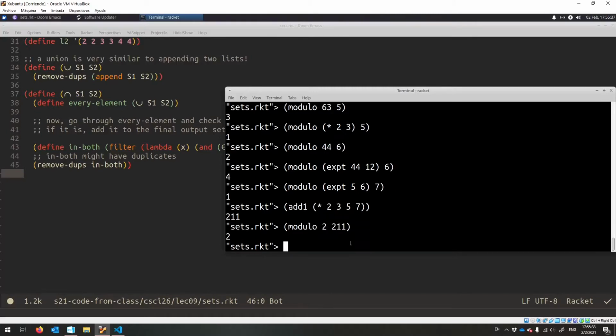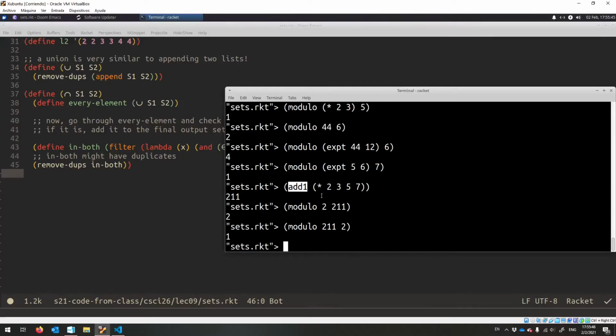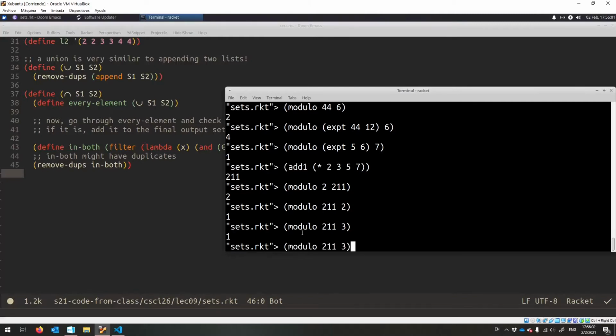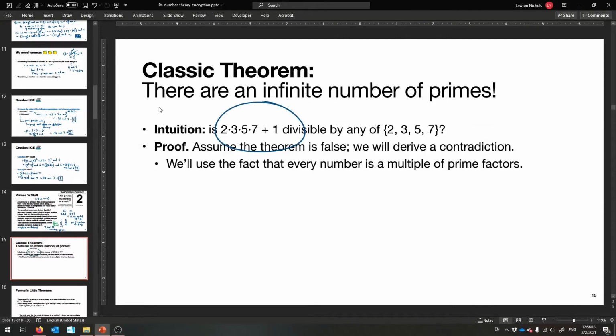Well, 2 can't go into it cleanly, because we just made sure that it is odd: multiplied by 2 you get an even number, add 1 you get an odd number, so 2 is unhappy. 3 is unhappy for the same reason. It went in by 3 cleanly, but we added 1, so now it's going to be mod 1. 5, mod 1. 7, mod 1. It doesn't go into any of those original numbers after we added 1. Bam. That's the intuition.